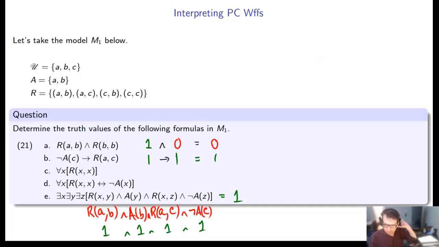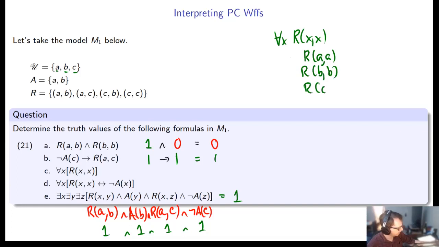False. It's false. So for all X, RXX, you have to check everything in the universe. So we have A, B, and C. So we have to check RAA, RBB, and RCC. So RAA, there is no AA. So at this point, we could just stop because we have to see that all of those are true.